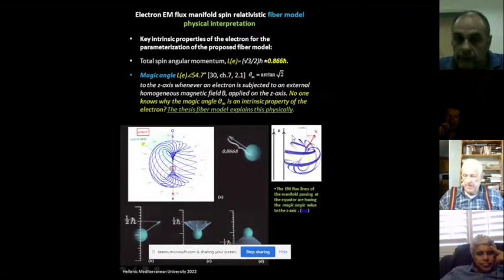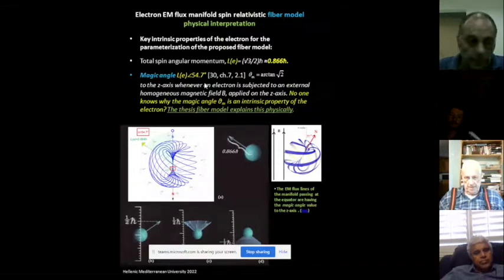When you increase the strength, it will rotate faster, the gyro frequency will increase, but this angle is fixed. It can get only two values: plus 44.7, and when you inverse the field and it points down, minus 44.7 degrees. So this actually is the source of the quantization of the magnetic moment of the electron from the Stern-Gerlach experiment. We also have a preprint in which we talk more about this specific subject.